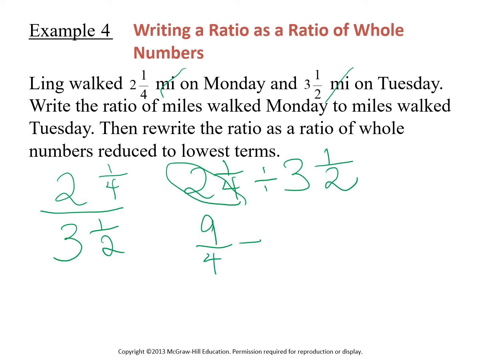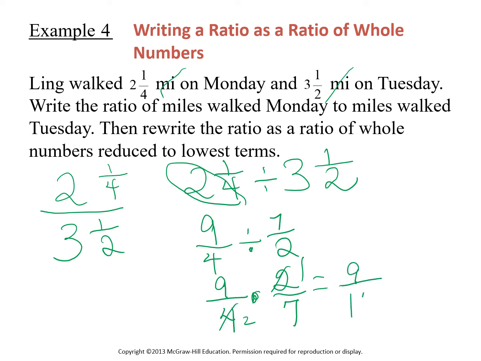That'll be 9/4 divided by 7/2. And then remember, we keep the first fraction, change to multiplication, and we take the reciprocal of the divisor. And here we can reduce this fraction by dividing out a common factor of 2, and I get 9 to 14 as my reduced fraction.